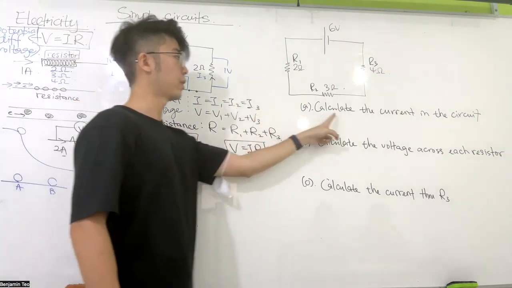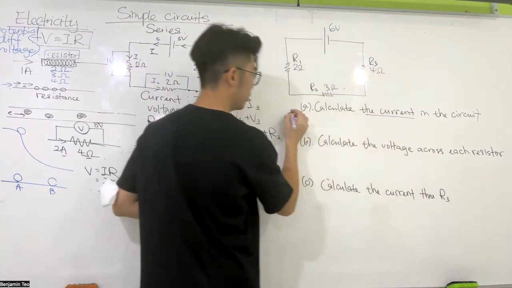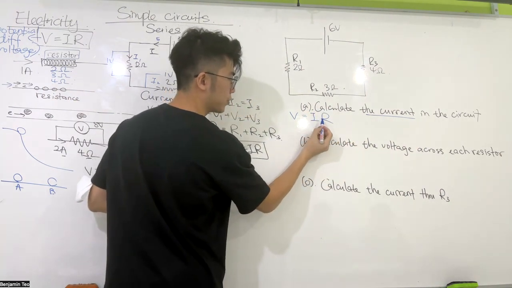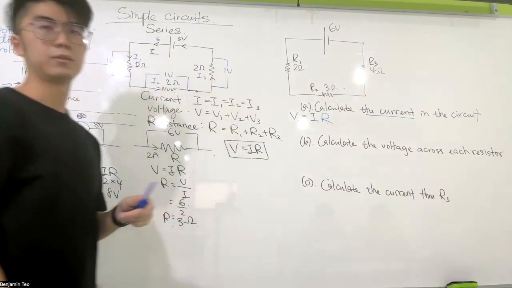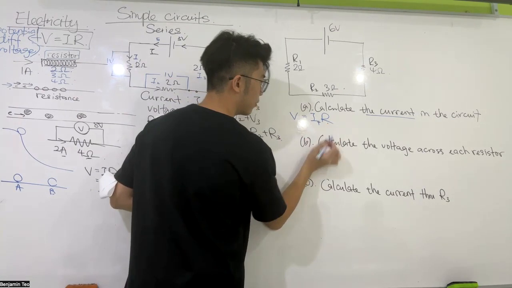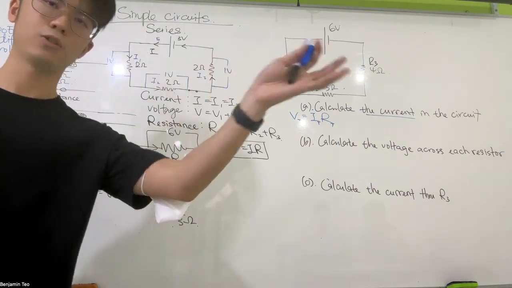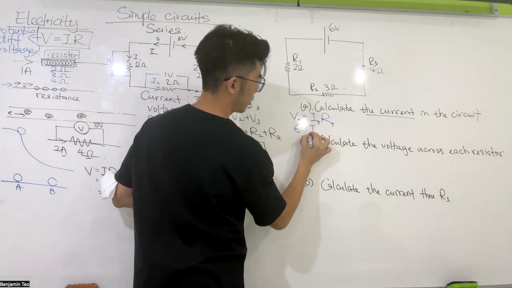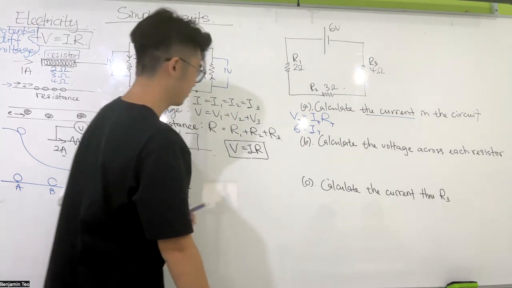Right. So how do we get the current in the circuit? We use V equals IR. From this formula, when you want to calculate the current, you're going to need resistance and V. What resistance? You've got 3 here. Now you want to be careful here. If I want to find total current, this has to be total resistance, and this has to be total voltage. They should correspond to one another. So what is the total voltage? 6. Total current, what is the total resistance? You need to first get it. How do you get it?